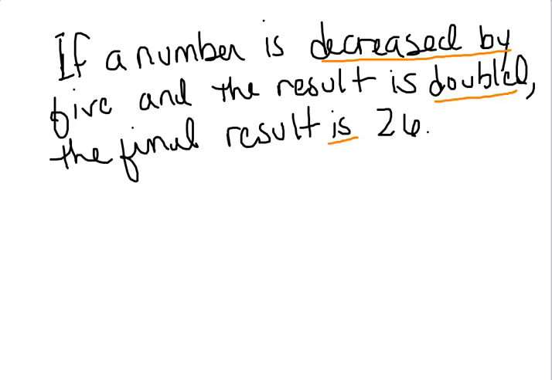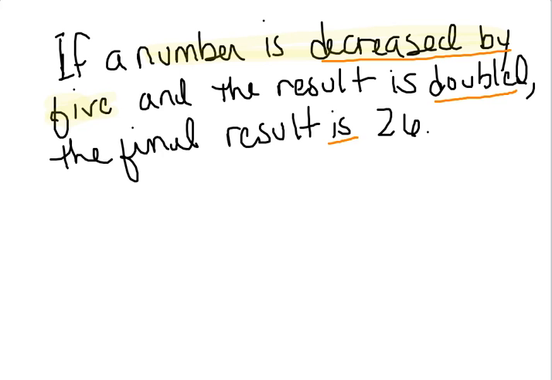So the first thing you do is this number decreased by 5. You do that first. A number is decreased by 5. And what does that look like?